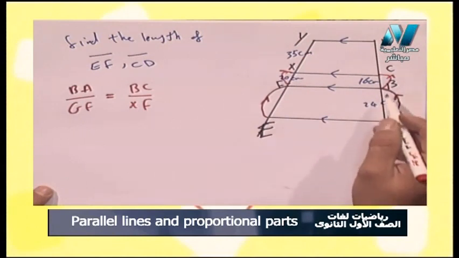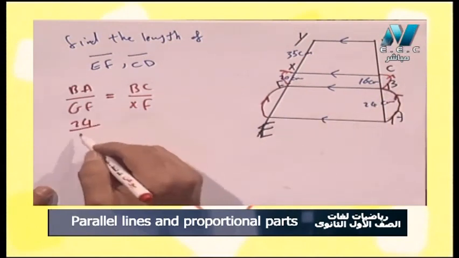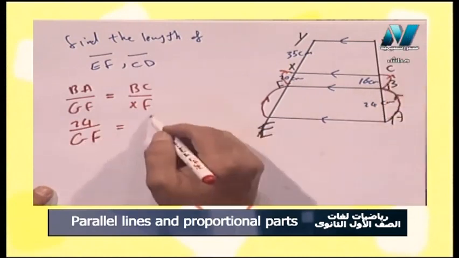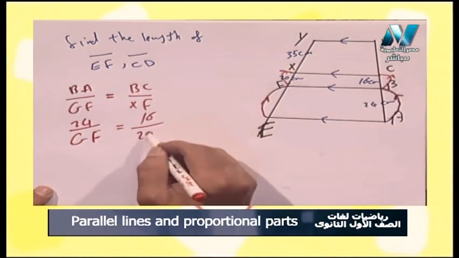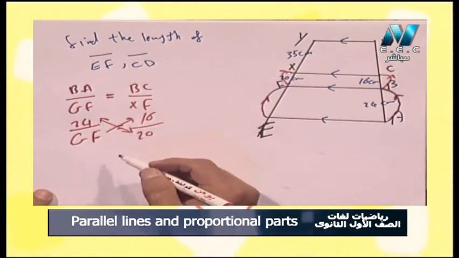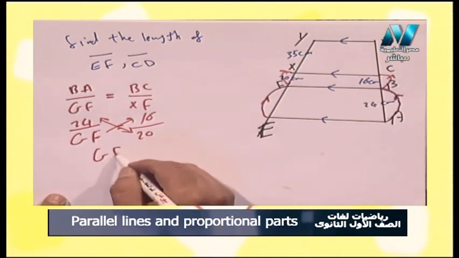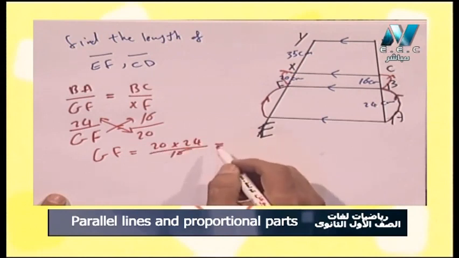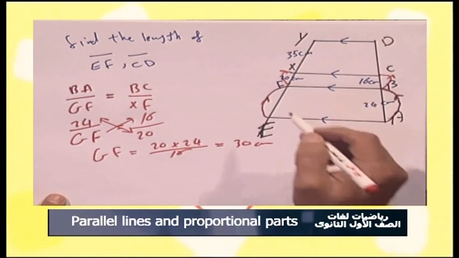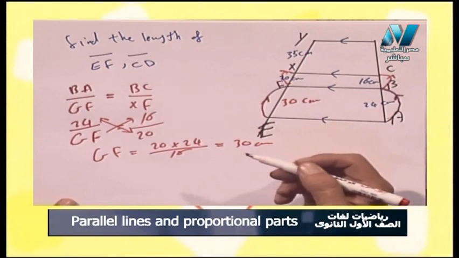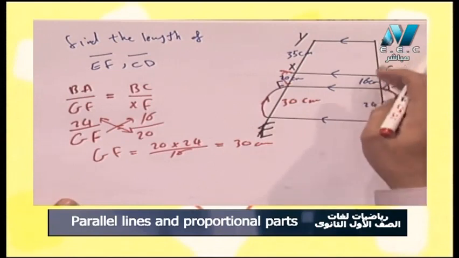If we have AB equal 24 and GF we don't know its length, BC here equals 16 and XF equal 20 centimeters. So we can use cross multiplication here to find the length of GF, and GF will be equal 20 multiplied by 24 over 16, and the answer will be 30 centimeters. We can put here 30 centimeters for GF, and we can also use another ratio to find CD.